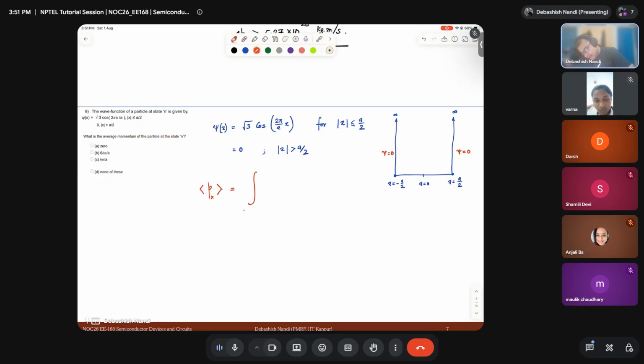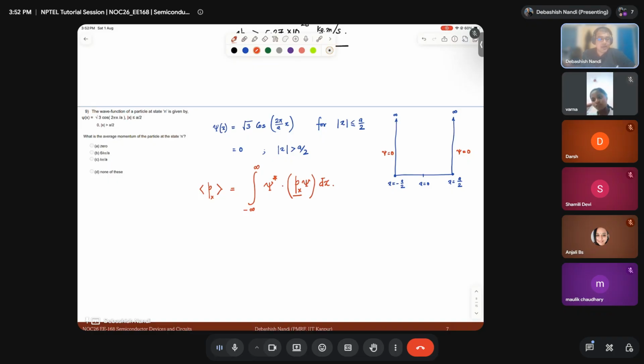We integrate psi star dot, this is my momentum operator operating on wave function or eigenfunction psi dx. Okay, this is how we find the average value of any function.